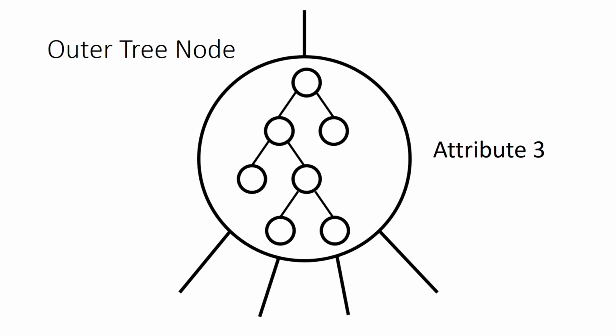As you can see, it has an inner tree embedded into the node, which at the moment has 4 leaf nodes, and those 4 leaf nodes correspond to the 4 branches coming out of this bigger node. So effectively we have an embedded decision tree that makes those decisions for us and separates the training set into 4 subsets.